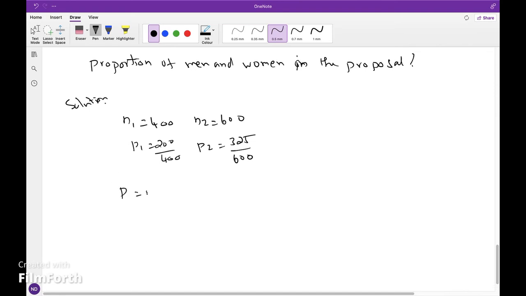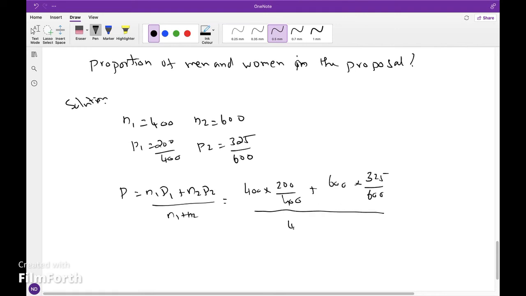So P is equal to N1 P1 plus N2 P2 by N1 plus N2, that is 400 into 200 by 400 plus 600 into 325 by 600, the whole divided by 400 plus 600.